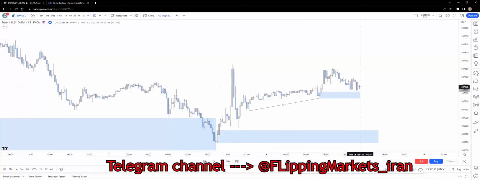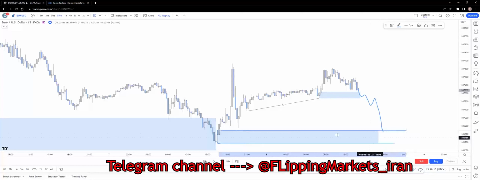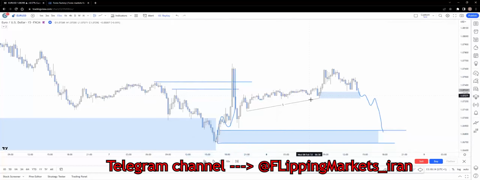However, there is a chance to see the flip of this zone. If the flip of this 15-minute sub-demand happens, then we can look for shorter-term shorts down to this extreme 15-minute demand that has initiated the character-changing movement in several places.